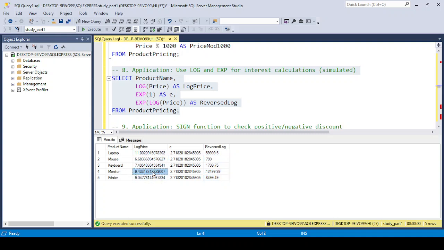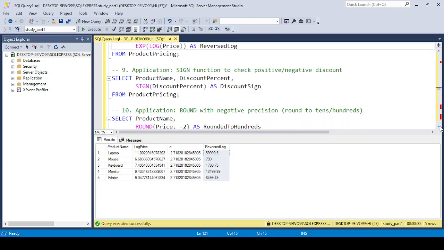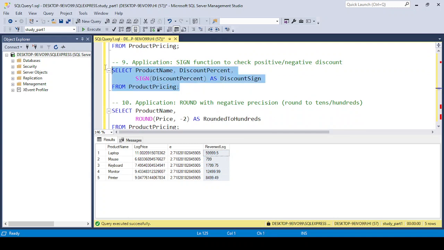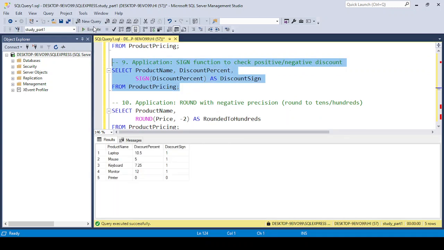On the log, if I put the exponent, it is again going to give me back the same value itself. So exponent of log of price will give me the price itself, because exponent and log are reverse of each other. Sign will show if it is a positive or a negative discount value. Printer does not have any discount, so it shows 0.